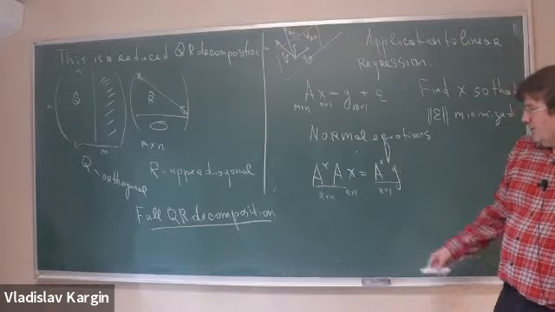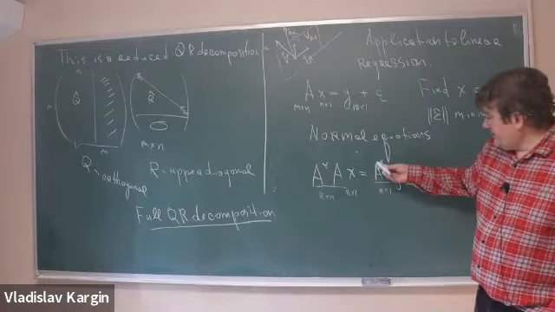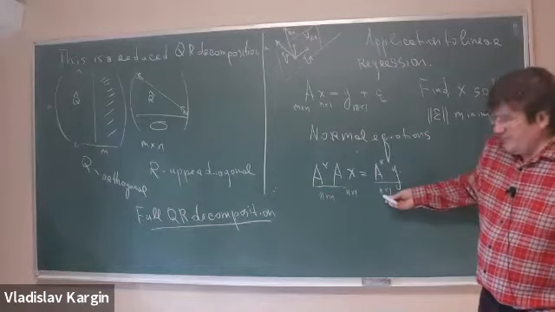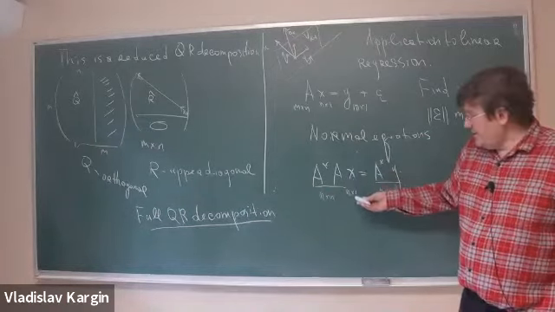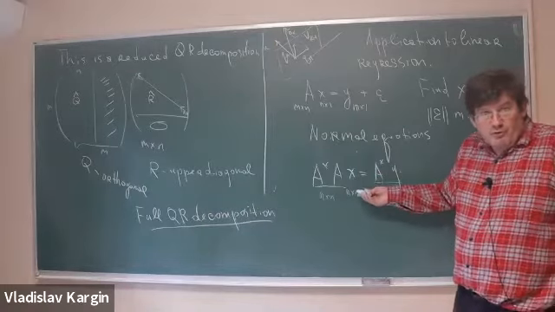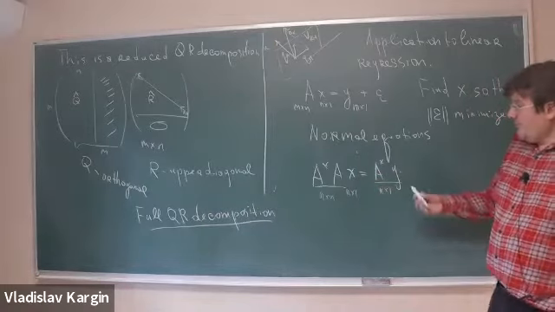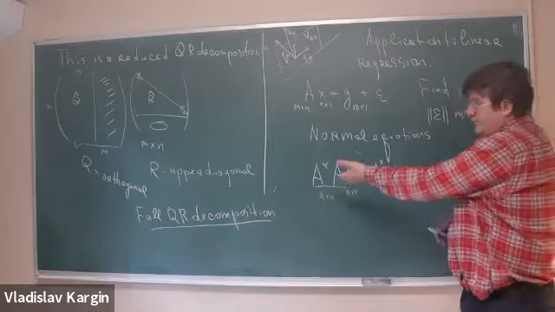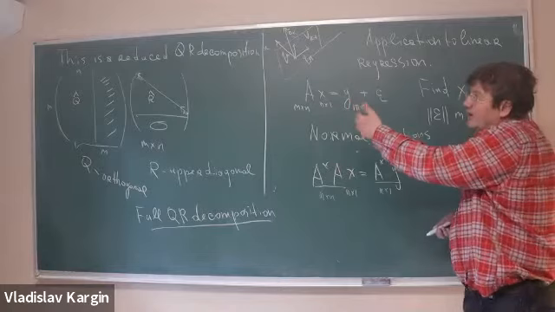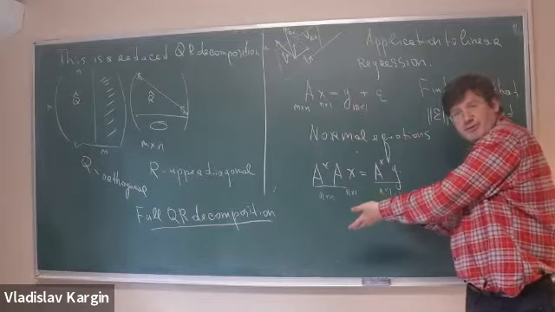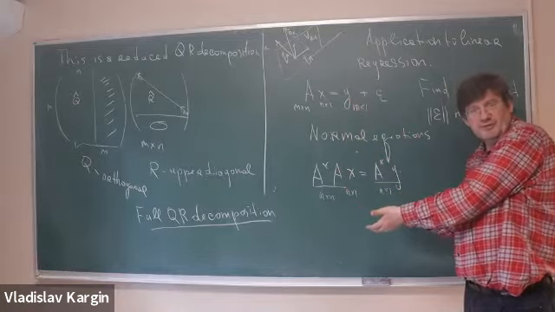Now the number of equations is n and the number of coefficients is n, so it's solvable. At this moment we stopped and said you can solve this system of equations. QR is sometimes used to solve the system of equations more efficiently than other methods.